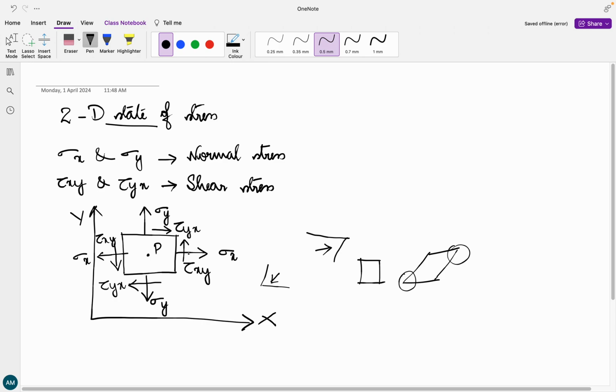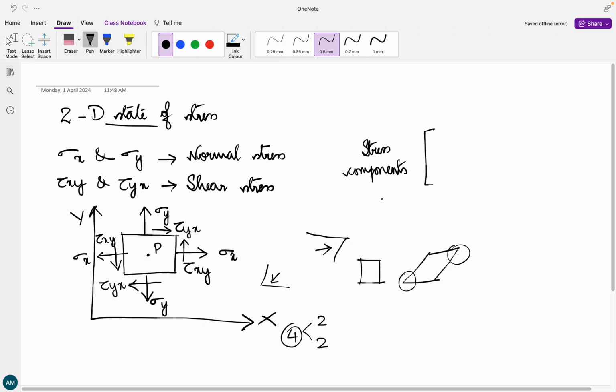So the stress components for this can be represented in the form of a matrix. The stress components can be represented as a 2 by 2 matrix. We have only two planes, two types of stresses, two types of coordinate axes. So total 4 components.